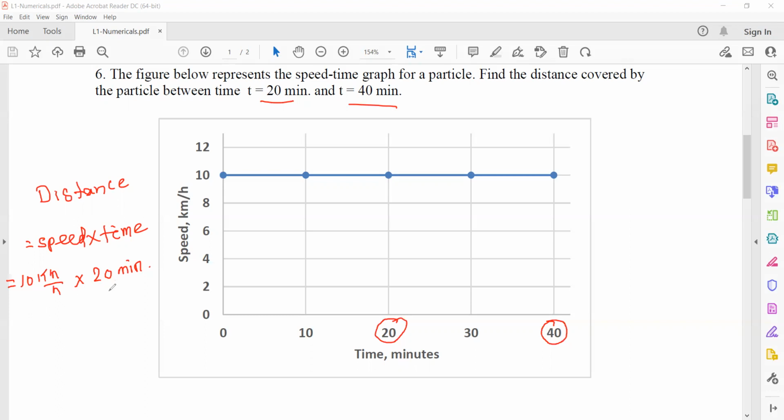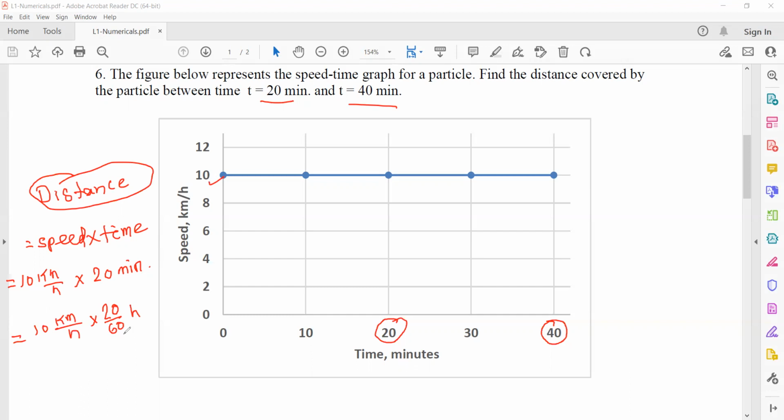If you multiply these two terms, you can calculate the distance covered by the particle. So 10 kilometer per hour, the speed of the object, which is constant throughout, multiplied by 20 minutes. 20 minutes means 20 divided by 60. This way we can convert minute into hour.